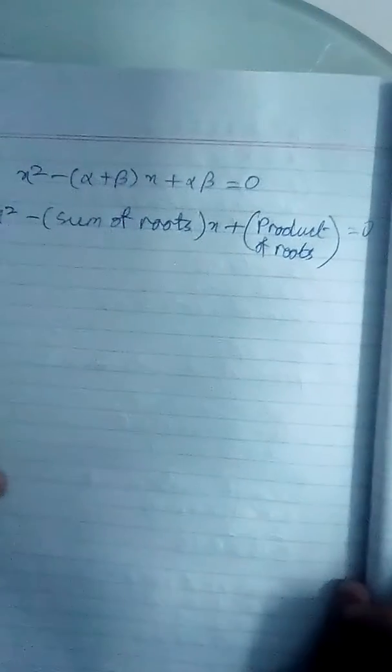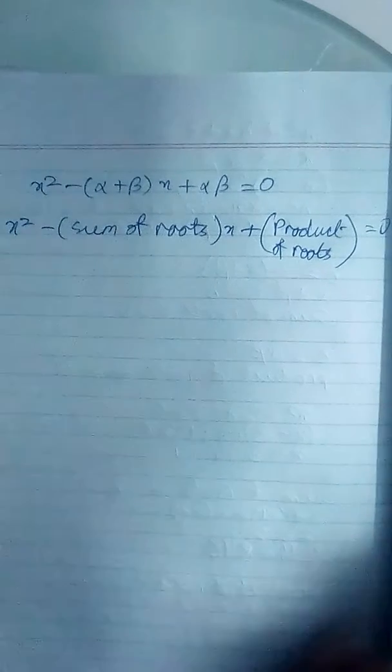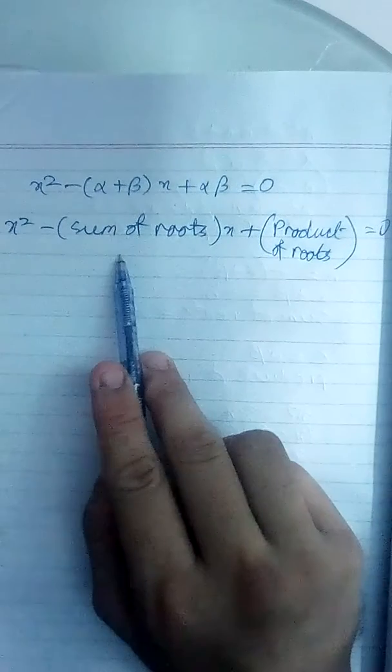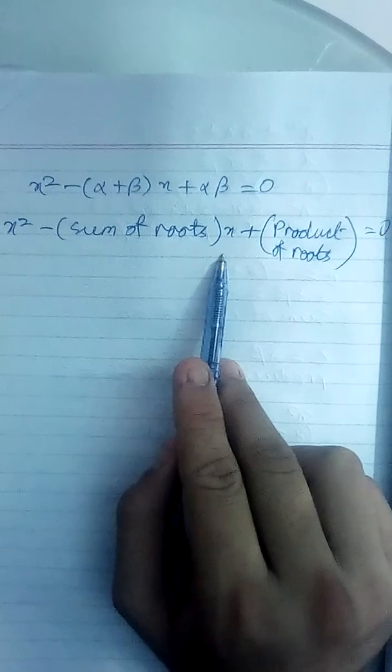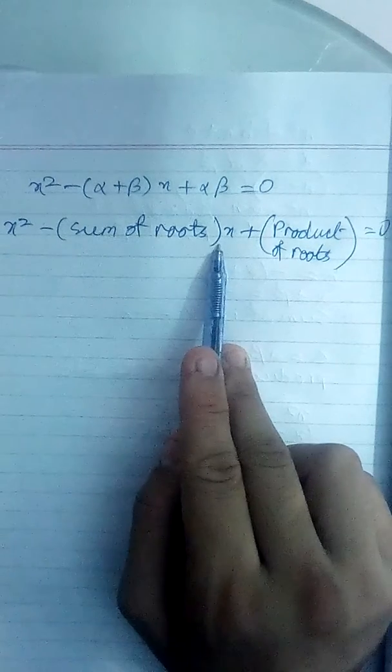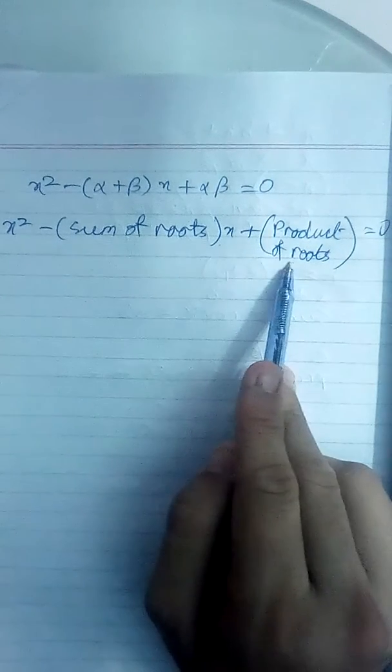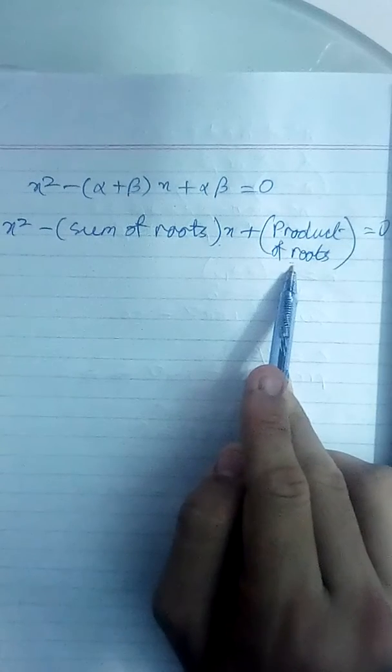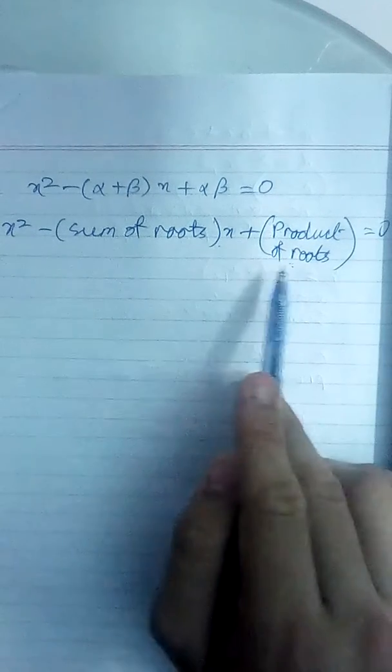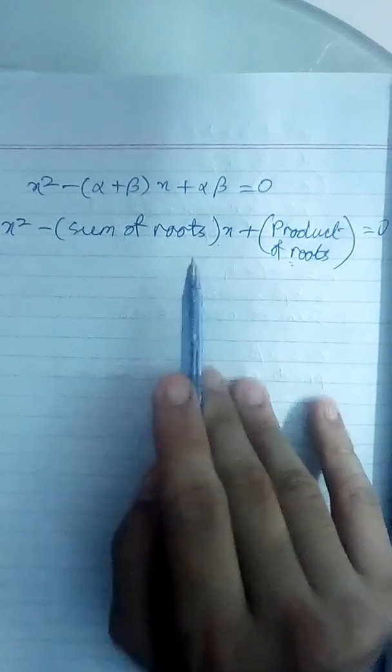That's the basic form of an equation, and that remarks the relation between the coefficients in the quadratic equation and the roots of the quadratic equation. The roots are linked with the coefficients of this quadratic equation.